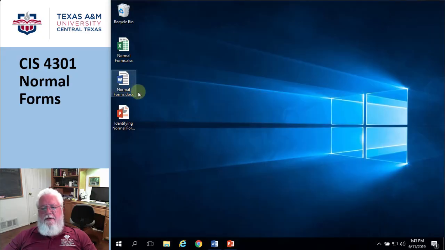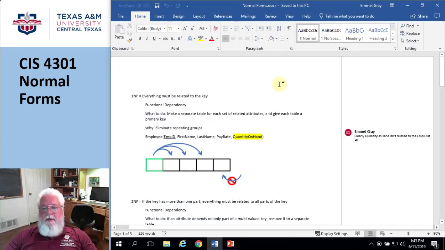Now I've got one more thing to show you, and then we'll move on. Okay, so here we go. Here's just a review of the things one more time. All right, so first normal form says everything must be related to the key. That's first normal form, and it's functional dependency that does that. And how do you fix the problem?